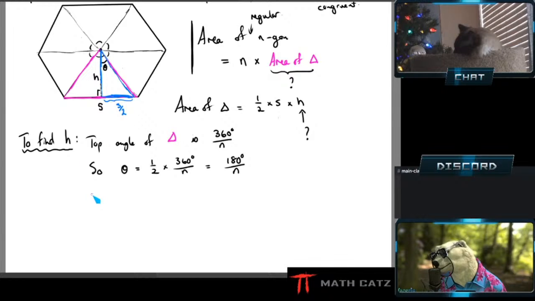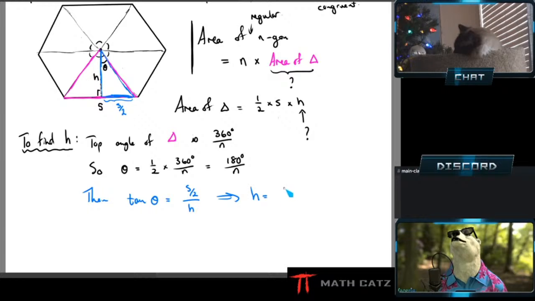Let's write it in blue, because it's coming from this blue triangle. We're almost done. So what do I have here? I have the opposite side and the adjacent side. So tan theta is the opposite side over the adjacent side. This tells me that H is S over 2 over tan theta.